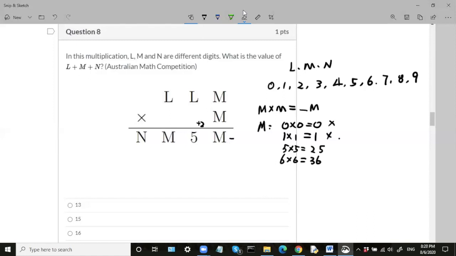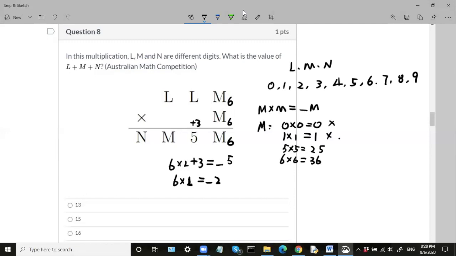Okay, then let's check 6, the last digit. We hope it works. So 6 times 6 is 36. We have 6 here, and we carry 3. Then we have 6 times L plus 3 equal to some number ending in 5. So 6 times L equals some number ending in 2. Let's look at digit L. L could be 2, since 6 times 2 equals 12.